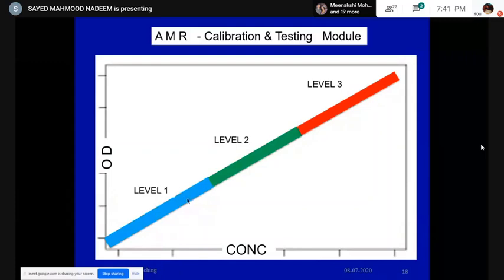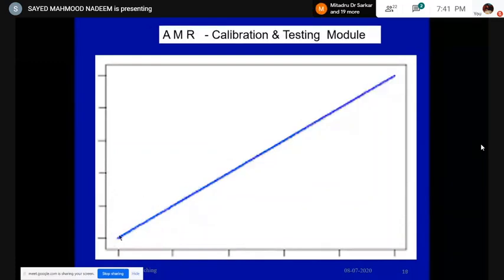Just to give you an example, this is the analytical curve, the calibration line. For whatever reason, maybe because of routine wear and tear and degeneration of the systems of the machine, this curve slightly shifts. So now we have this as the new curve instead of the original curve.